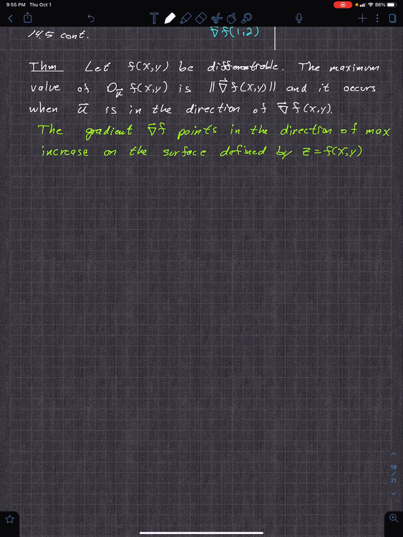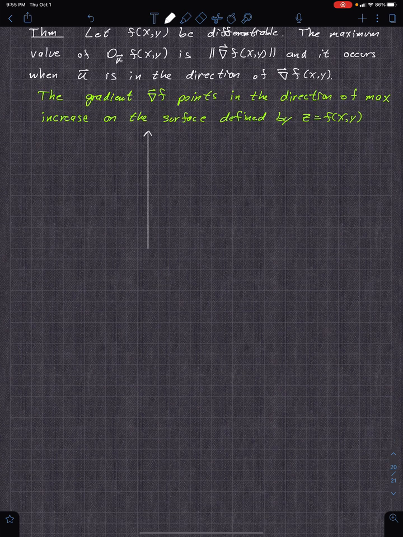Okay, so let me go and draw a surface now. It doesn't need to be so big. Here's your x and your y and your z, and then we have our generic surface up here.